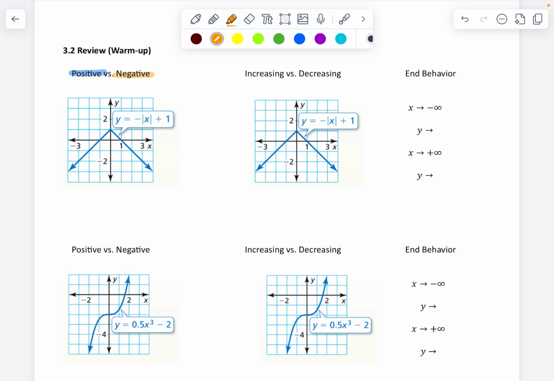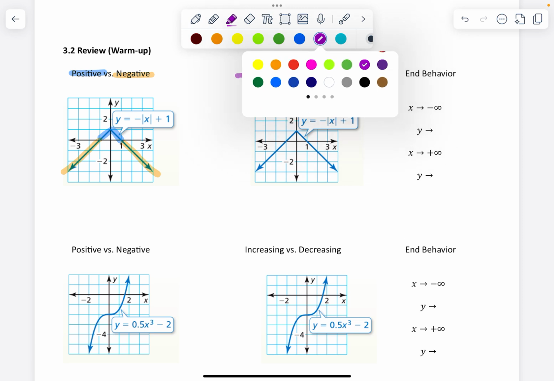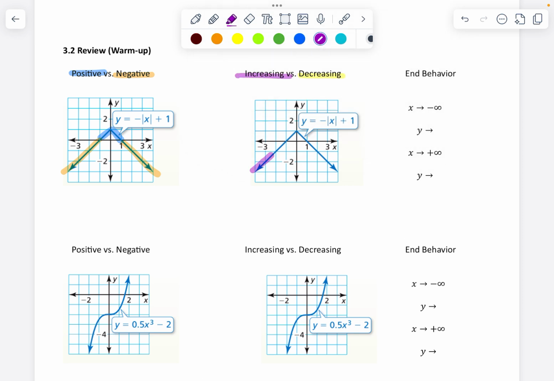The positive part is just here above the x-axis. The negative parts are the parts below the x-axis. Remember, increasing and decreasing is riding that roller coaster from left to right. So here we are increasing, and then we are decreasing.